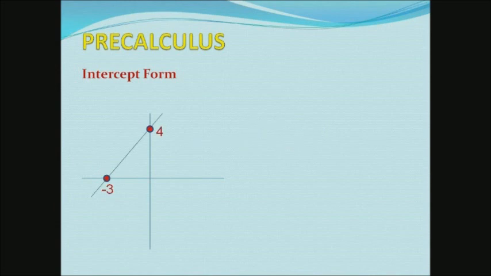So let's say for example, we have here a straight line which is an increasing line from left to right. So our line intersects with the x and y axis. So in our example, the line intersects with our x-axis at -3 and on our y-axis at +4.